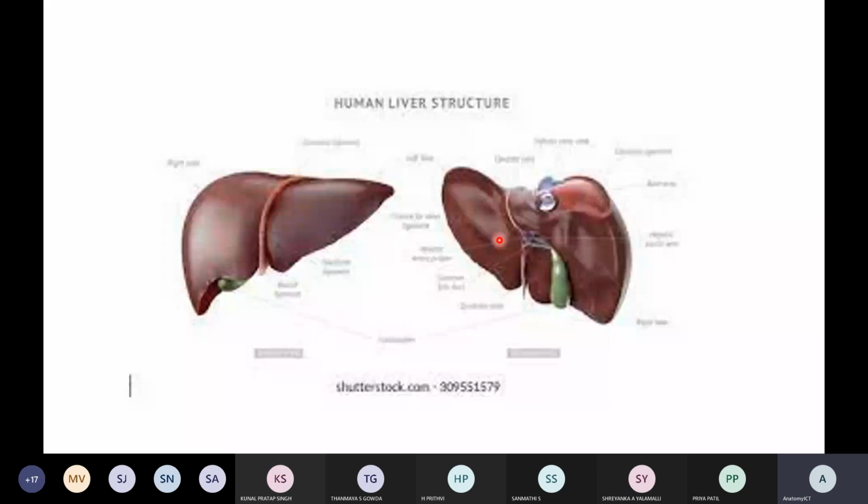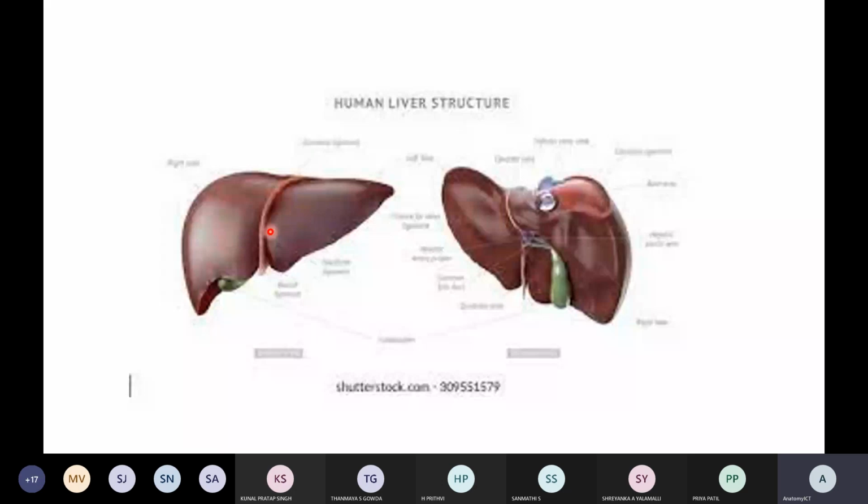When we study the surfaces and the lobes, one should know what the surfaces are divided by, that is, the borders. One must know the demarcated areas. This is the anterior surface, and this is the superior surface.